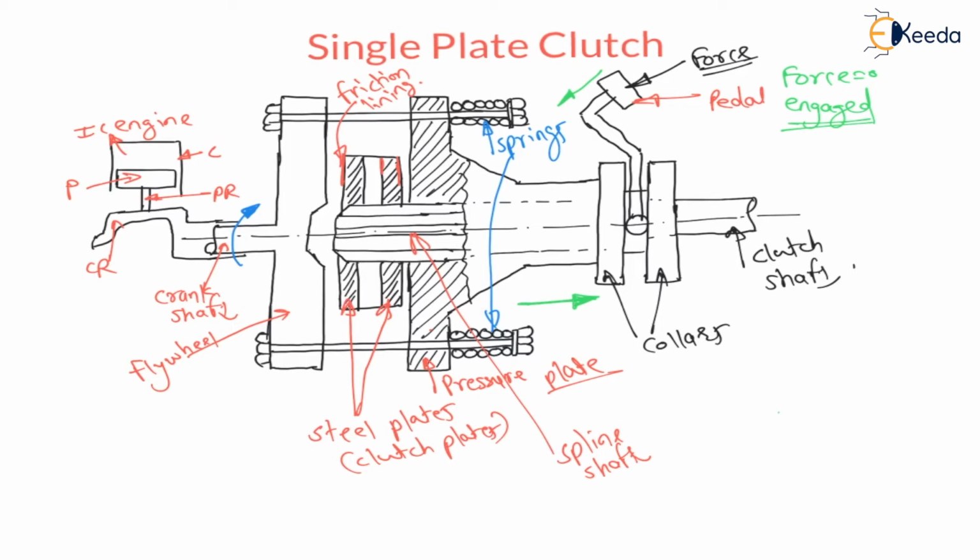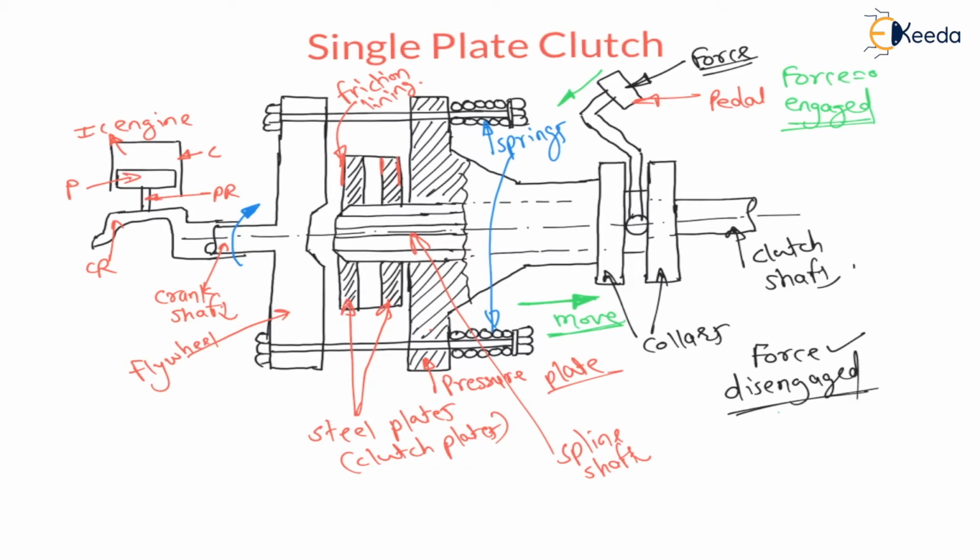Means the pressure plate will move towards the right whenever pedal force is applied. Because of this the pressure plate will move back, so that the clutch will be disengaged from the engine or flywheel, right? Means whenever pedal force is applied, the clutch is in disengaged position, right?